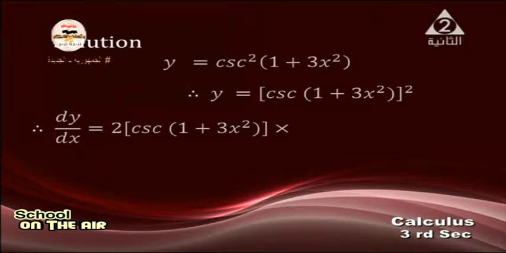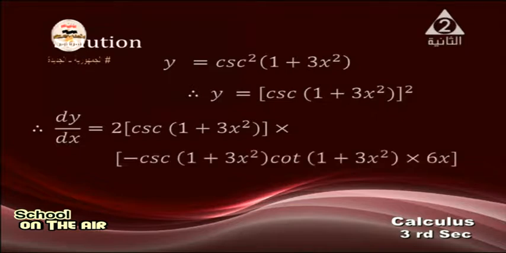The function inside the bracket is a trigonometric function, which is cosec of 1 plus 3x power 2. The derivative of cosec of 1 plus 3x power 2 is negative cosec of 1 plus 3x power 2 multiply cotan of 1 plus 3x power 2 multiply the derivative of the angle.